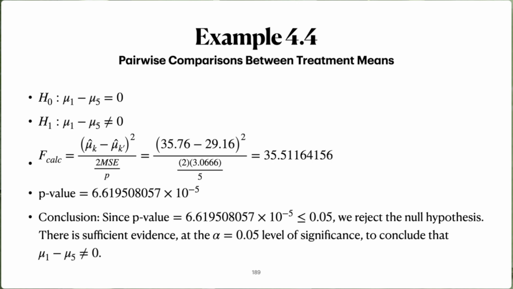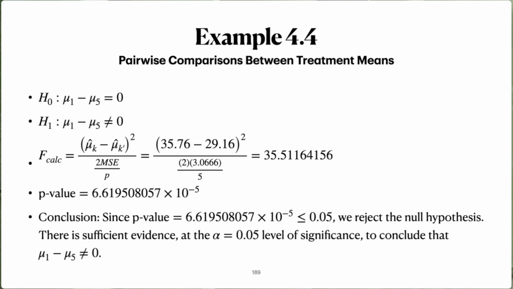Next, we compare mu1 to mu5, and so this is a comparison of the new mixture A against the control E. And we see in this case that the F statistic is quite large, 35.51, rounded to, say, 2 decimal places. The p-value is therefore quite small, 6.62 times 10 to the negative 5th.